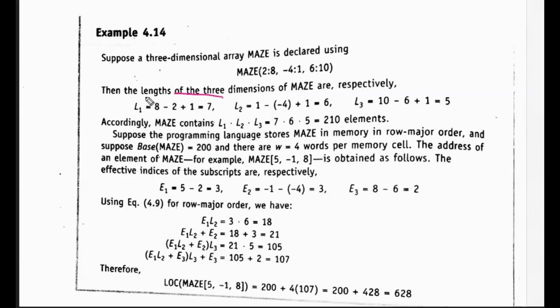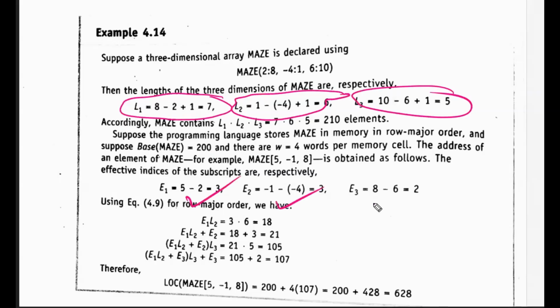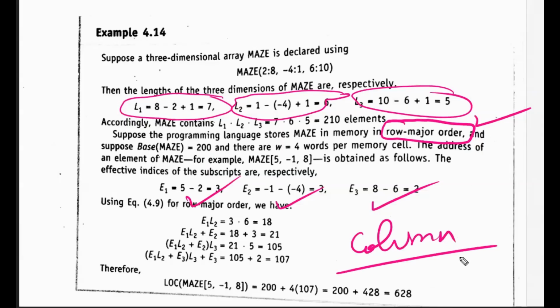Now, coming back to our given question, here you have seen that the value of L1 is equal to 7, and the values of L2, L3, and similarly E1, E2, E3. And in this question, it is given that you need to find the row major order representation address. It may be column major order or row major order given to you.